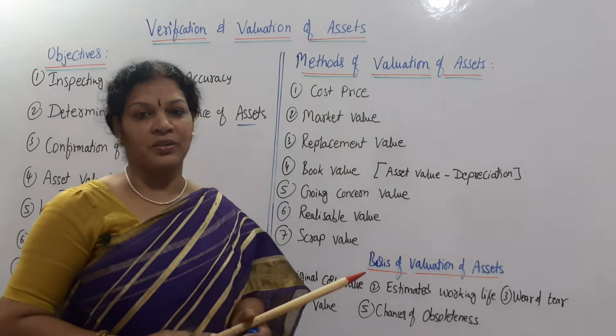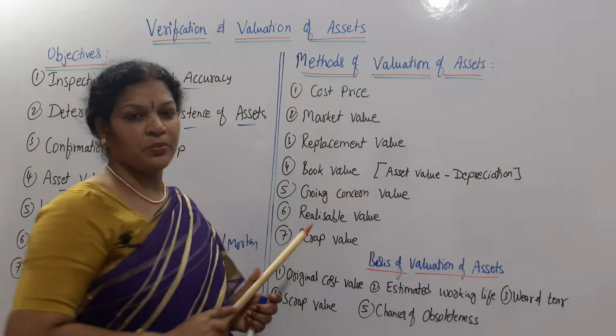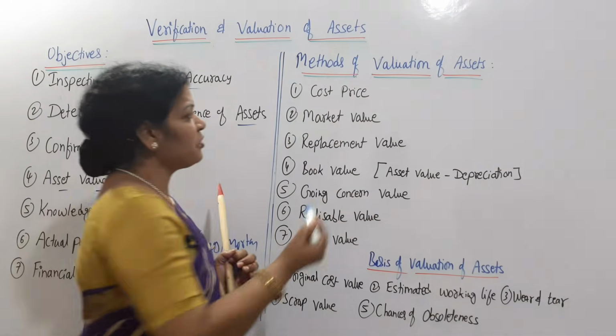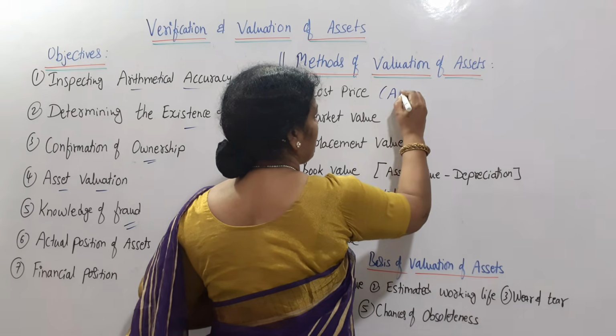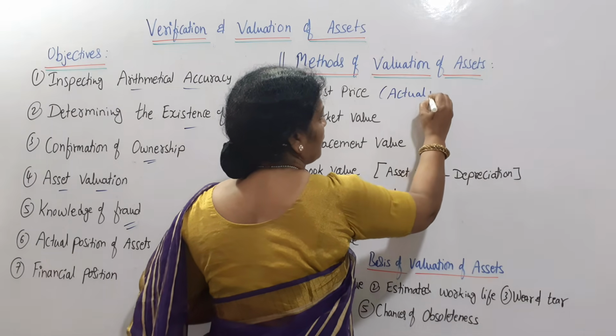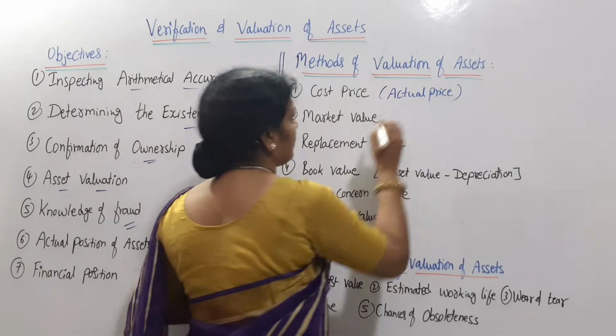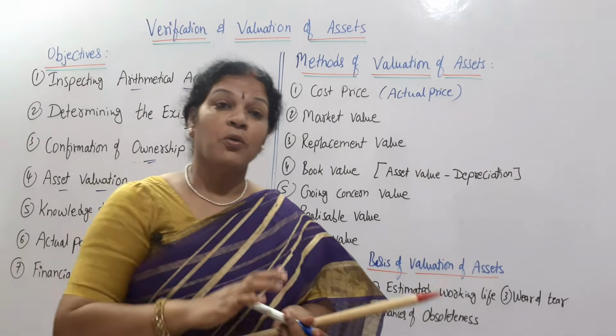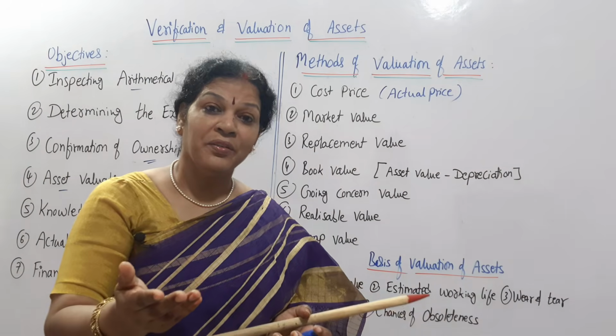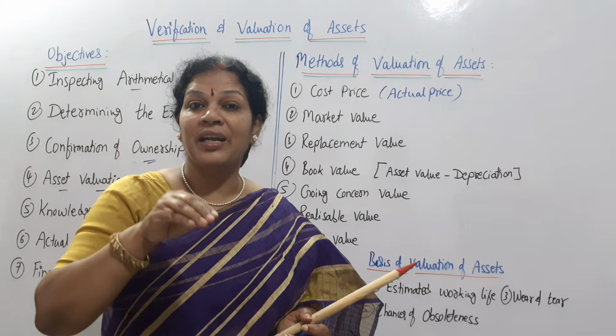Methods of valuation of assets. The first one is cost price. Cost price we can also call the actual price. Cost price means the cost you have paid for acquisition of that asset.